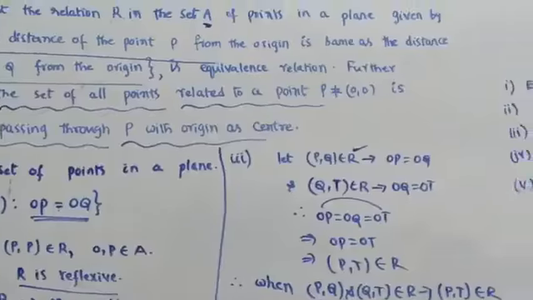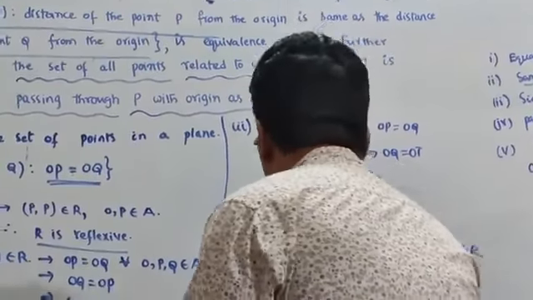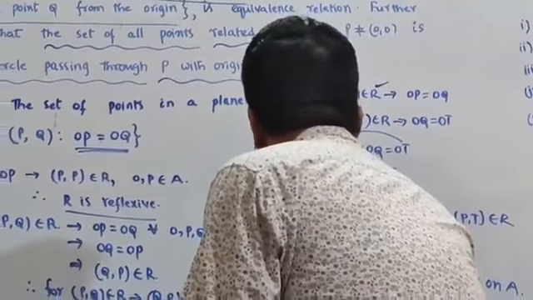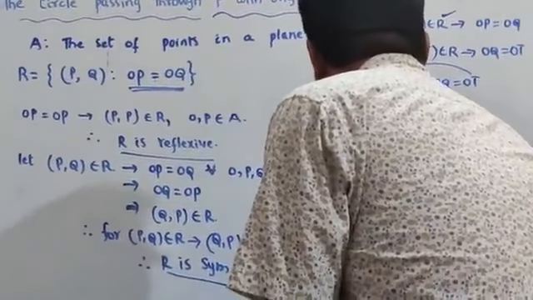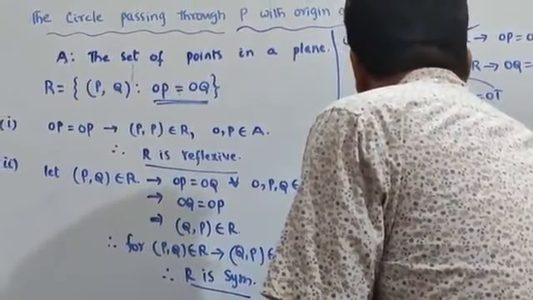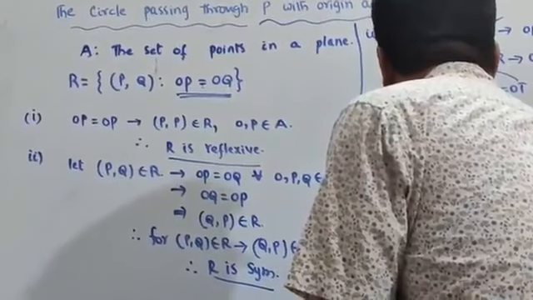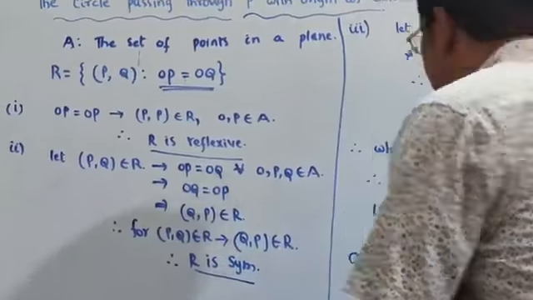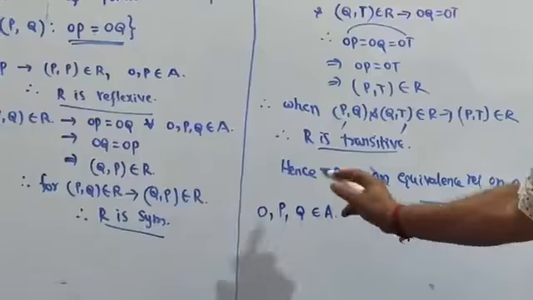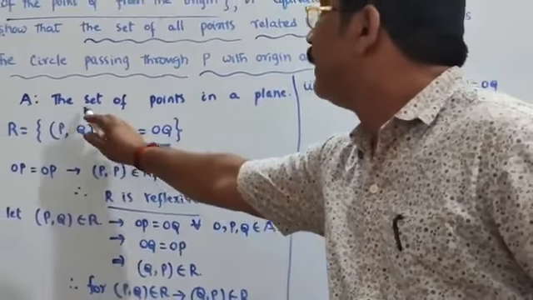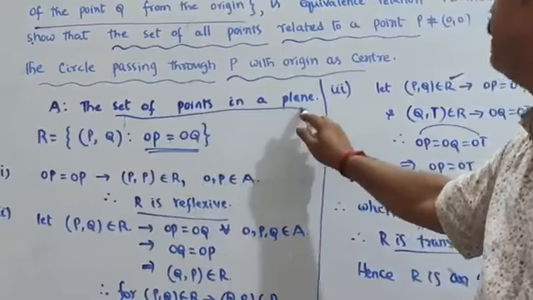Listen, let us take O, P, and again it belongs to the main set capital A. Capital A is what? The set of points in a given plane.